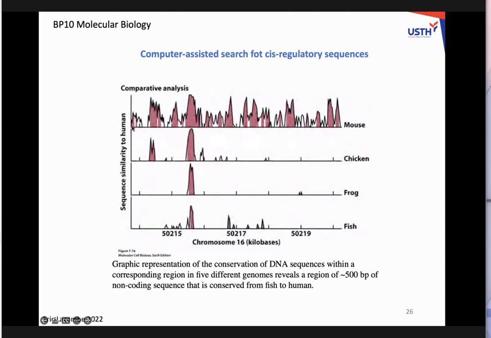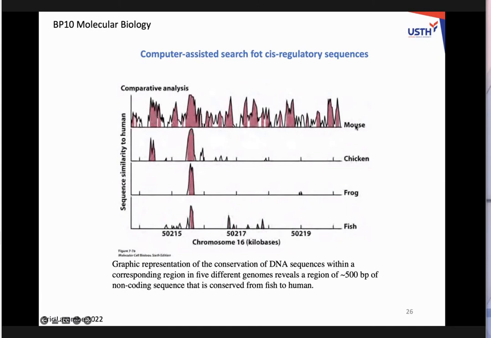And if you compare the promoter sequence between human and mouse, the higher the value on the y-axis, the higher the similarity between the 2 species, between the 2 sequences.